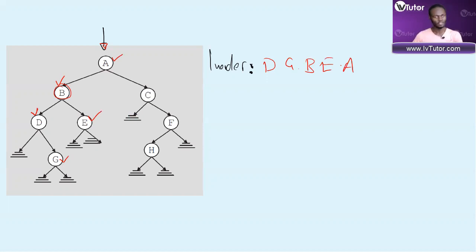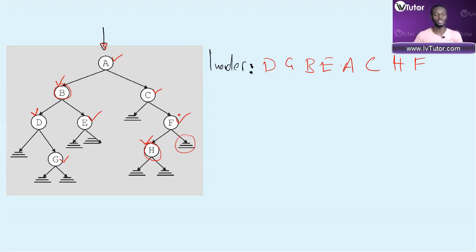There's nothing on the left, therefore node. That means we can now show our C, and then we go to the right. But before we print F, left first, which means we go to H, then node, which is F, and then right, and there's nothing on the right, which means this is your in-order traversal of your tree.